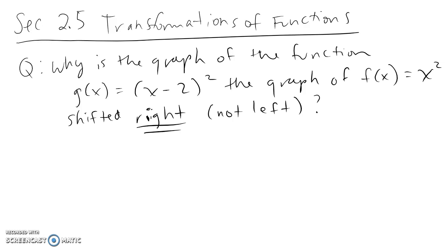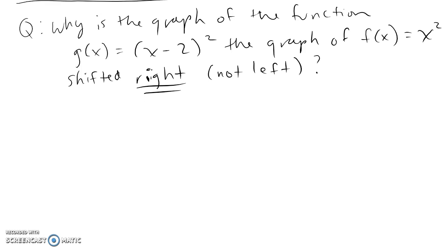Okay, so to answer this question, we're going to recall that x is an input to both f and g here. So we're going to examine which inputs give me the same outputs for f and g. So I'm going to make two charts.